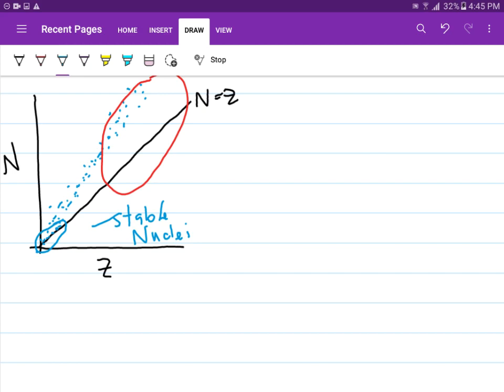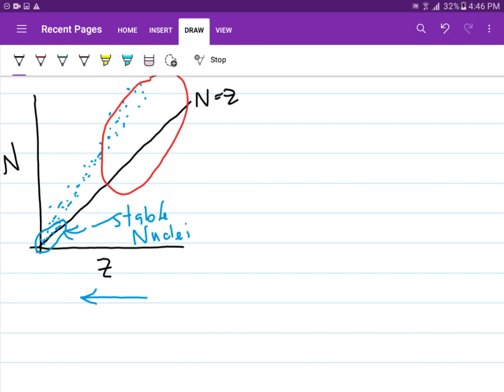If the nucleus reduces its proton number, it can go into this area wherein it is more stable. So it can do so by alpha decay.